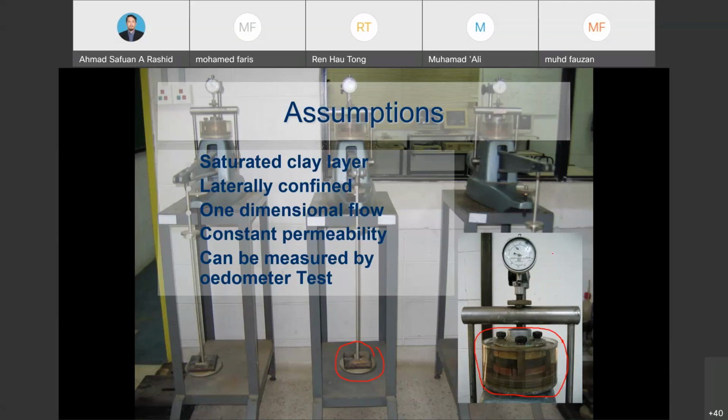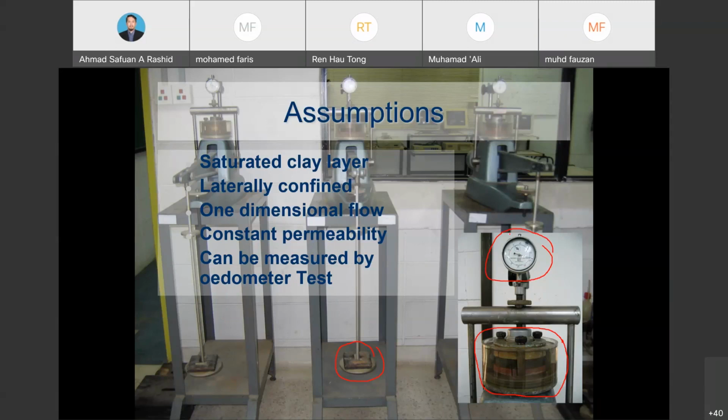While this gauge will be recorded during the testing, and it will be converted to a millimeter value to get the value for the deformations.